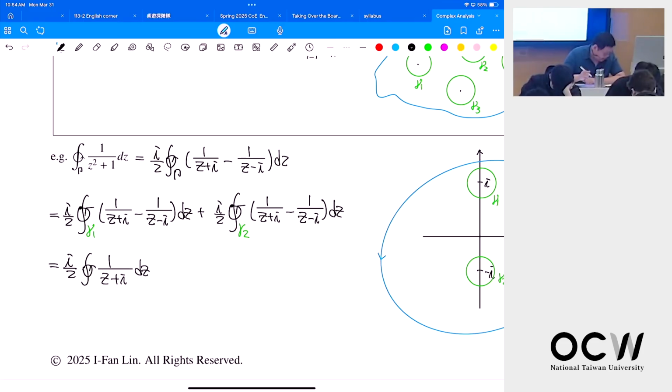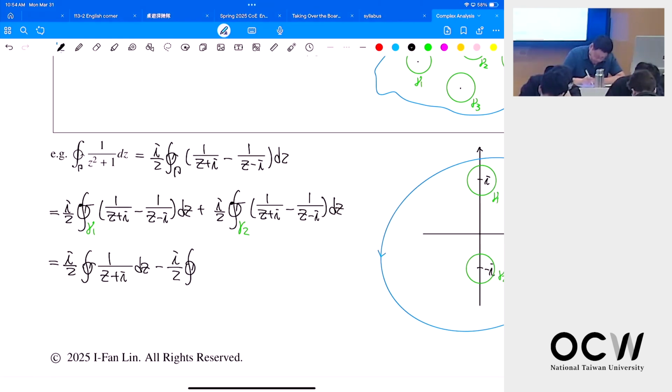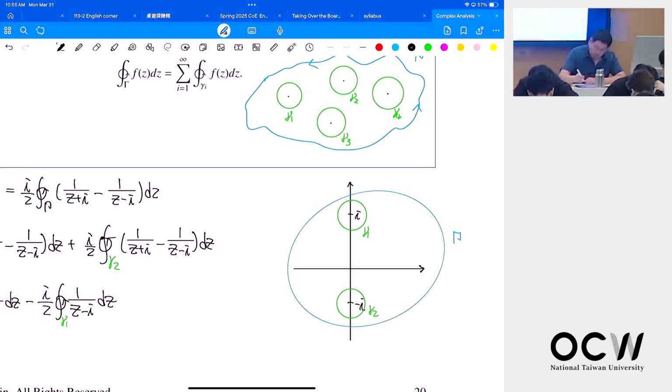And the second part is minus i over 2, and still in gamma 1, 1 over z minus i dz. So here I have closed curve tau.